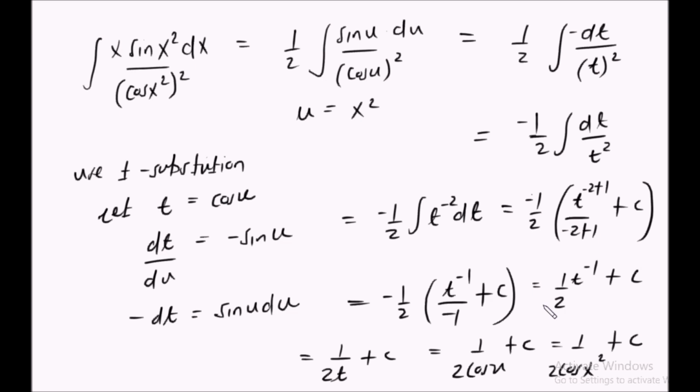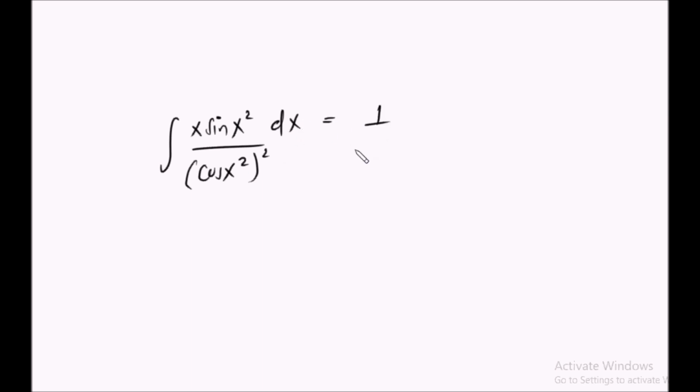So let me have a fresh page to write the answer. So I figured, niki-integrate huyu x sin x squared over cos x squared dx, jibu ninalopata ni 1 over 2 cos x squared plus c.